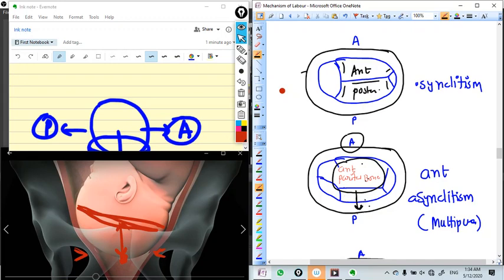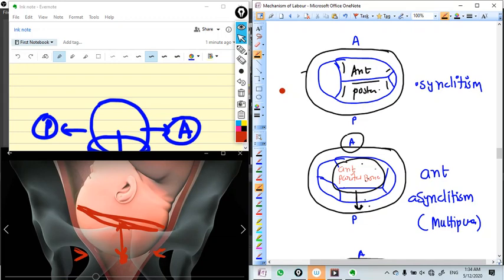What is the posterior border of the pelvic inlet? It is the symphysis pubis. Sorry, oh my god, sorry. The posterior border of the pelvic inlet is what? The sacral promontory.